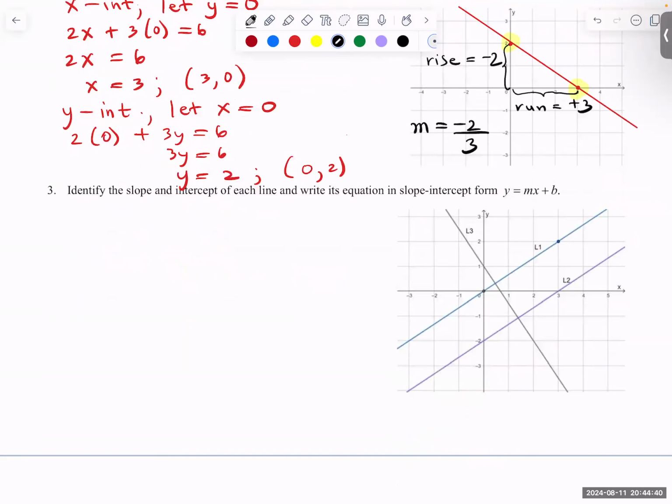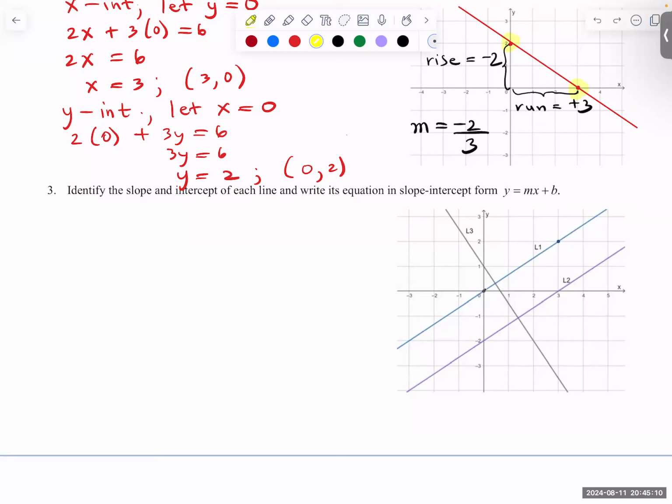Number 3, identify the slope and intercept of each line and write its equation in slope-intercept form, y equals mx plus b. So for line 1, the y-intercept is 0 at the origin, and the slope we can determine by using the graph and choosing 2 points on the line, like the origin.